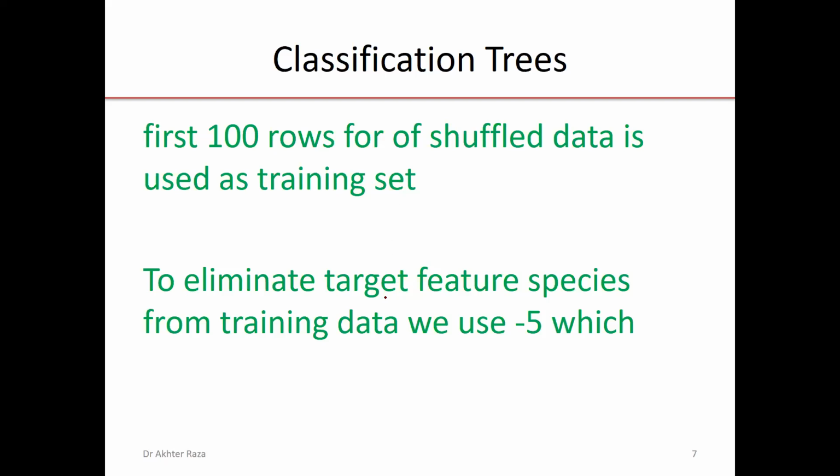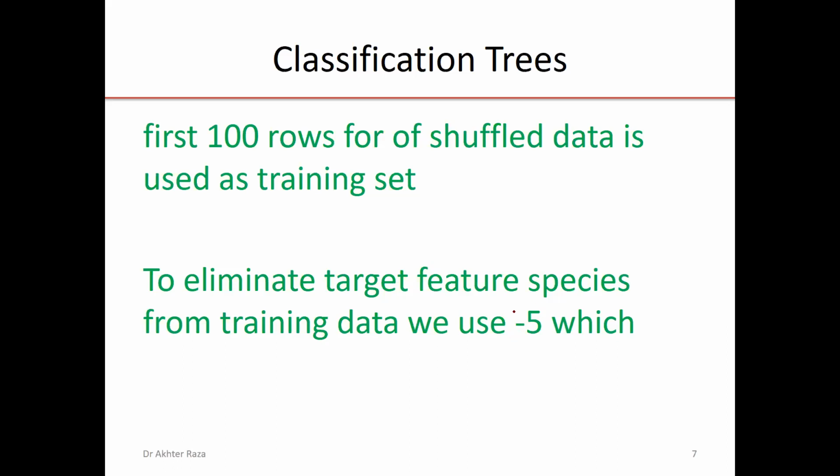To eliminate the target feature species from the training data, we use -5. We should not keep the target feature in the features of the training data; the class variable is kept separately.